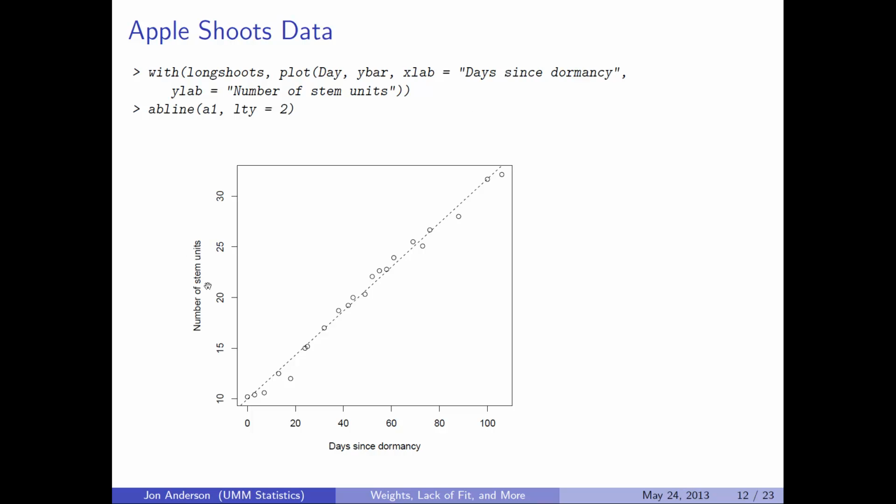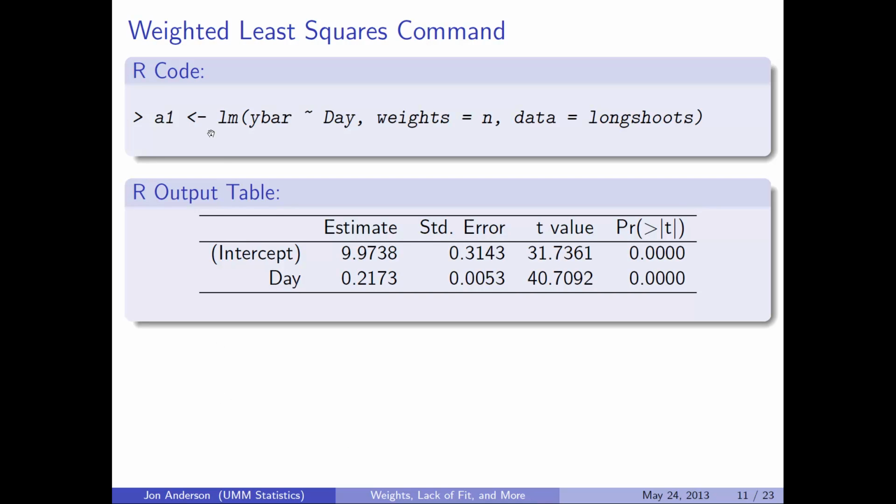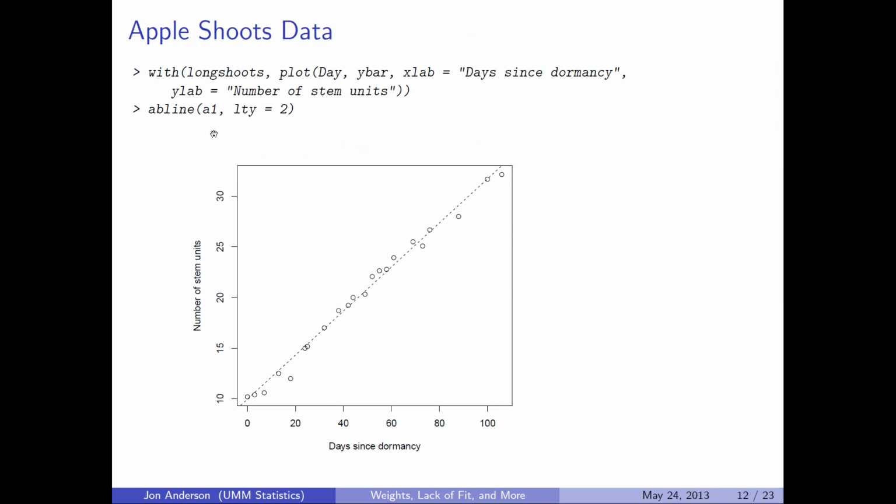Here are the average number of stem units plotted against the number of days. You can see there is a nice straight line pattern, and we use our weighted least squares estimates from our model. Our model was a1. We'll use our weighted least squares estimates to put in a summary line, an abline, on this graph.